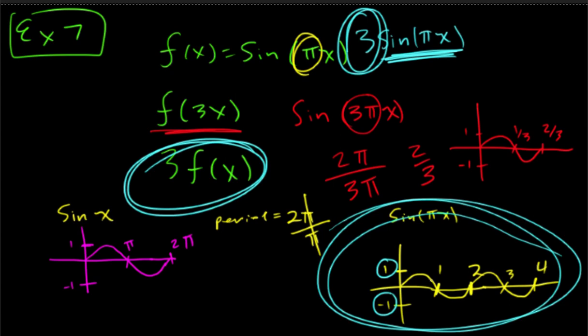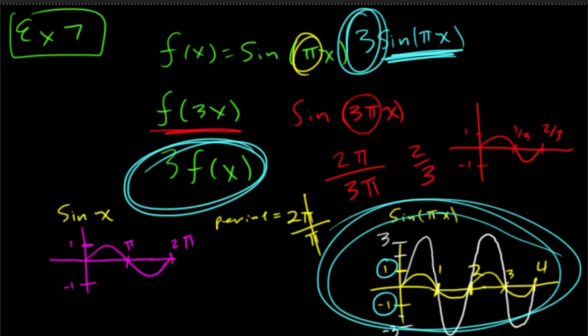Our period is still just 2, but we're going to go up to 3 high and negative 3 low. It's going to go like this. Where it hits the x-axis, it's still going to be the same, but the amplitude, or how tall it is, is multiplied by 3.